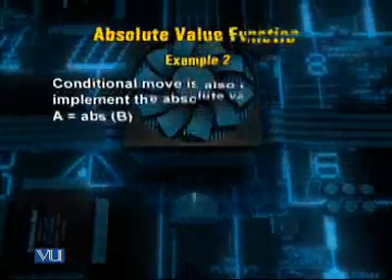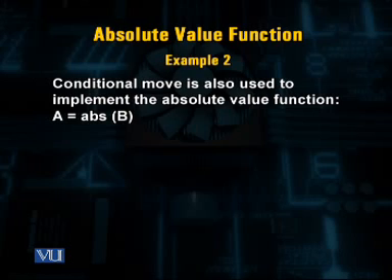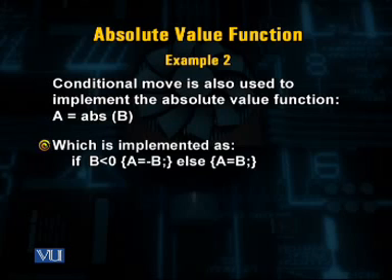That is, if we have to convert a value given by B into its absolute form and place this absolute value in a variable A, then this conversion is possible by using this type of if statement: if B is less than 0, which means that B is negative, then A is to be replaced by minus B. Otherwise, A is to be replaced by B.